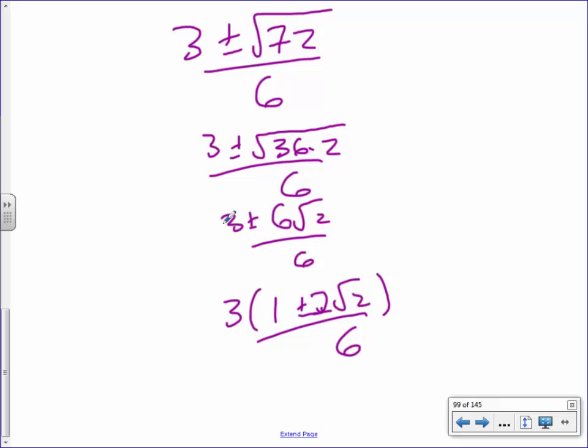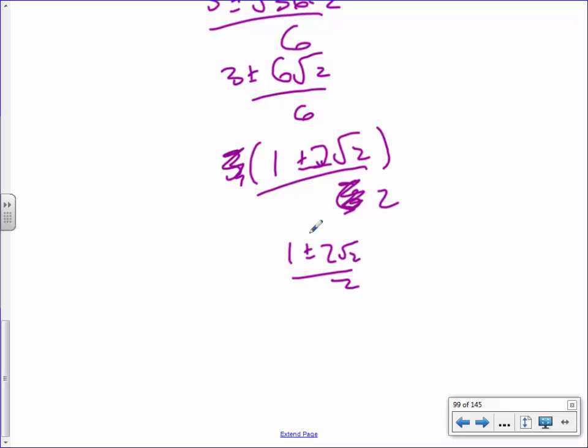Because 3 times 1 is the 3, and 3 times this really ugly looking 2 root 2 is the other 6. Makes sense? This little bit right here, it's stuck. But this 3 and this 6 right here, those can cancel. That's valid. So then that becomes a 2, and that just goes away. And so my final answer is 1 plus or minus 2 root 2 over 2.